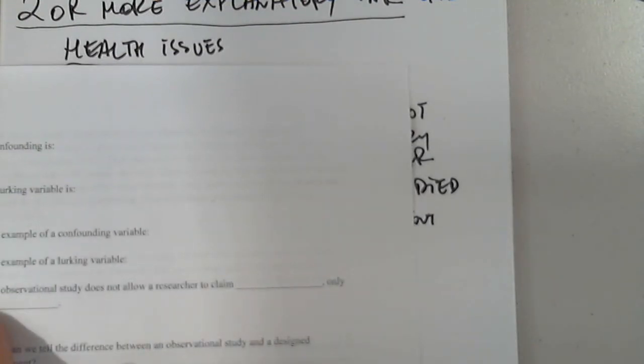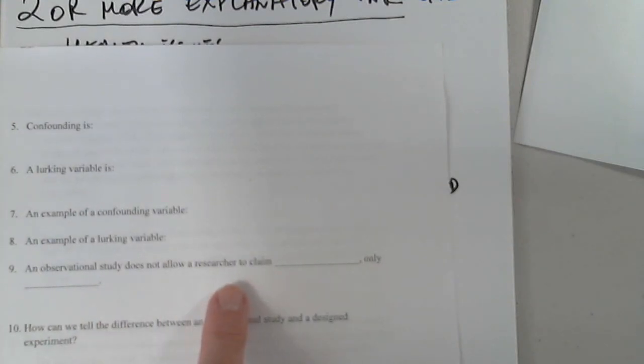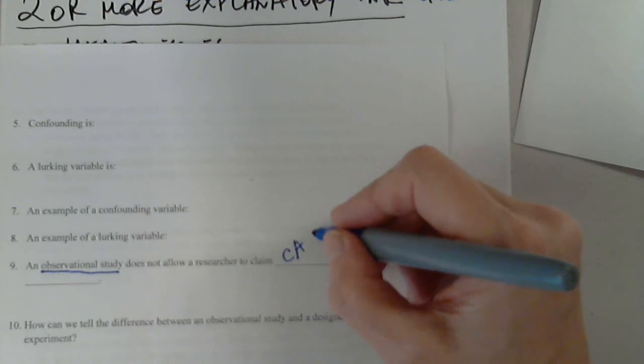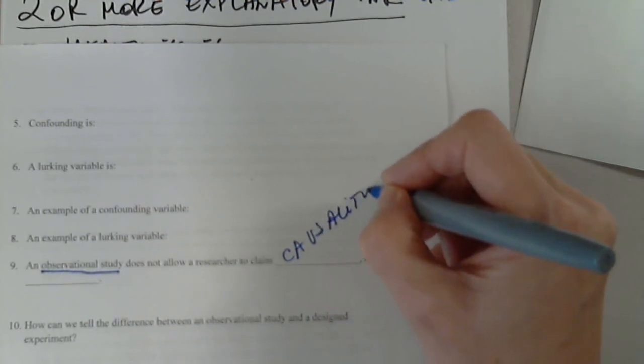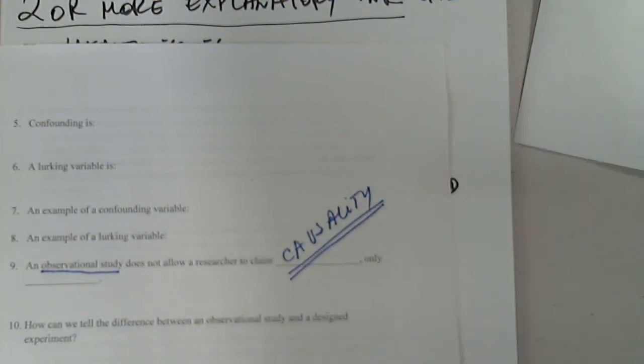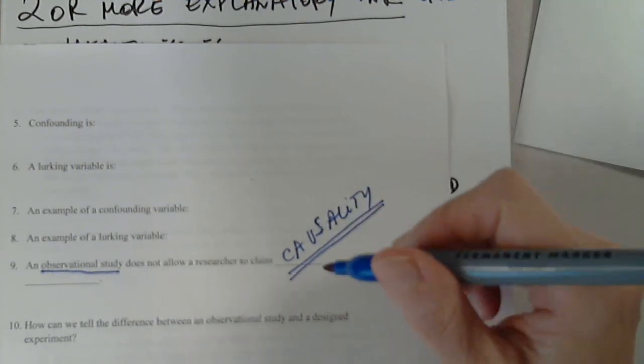So item 9. Put this aside. Item 9. An observational study does not allow a researcher to claim cause. It cannot claim cause.